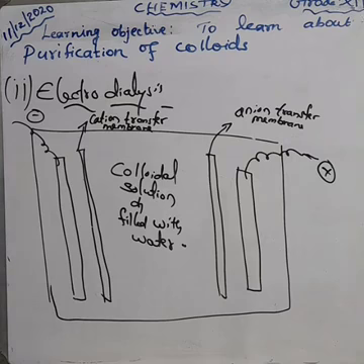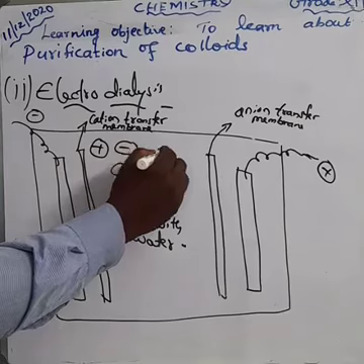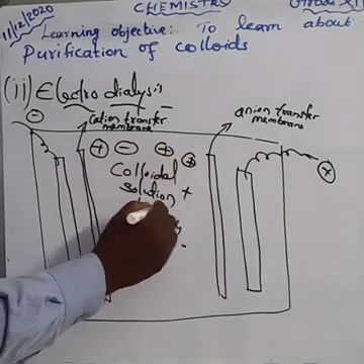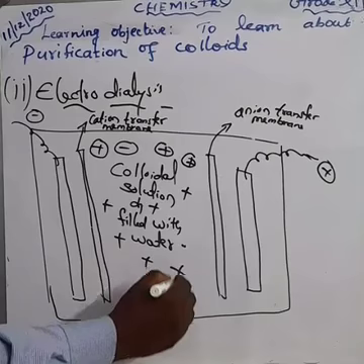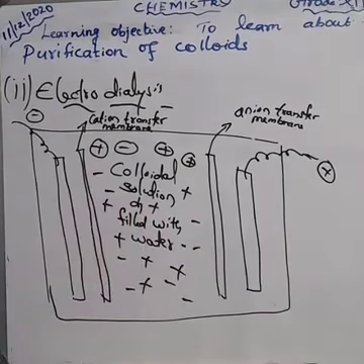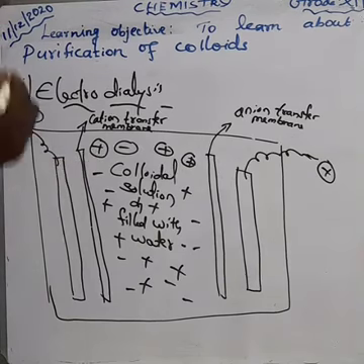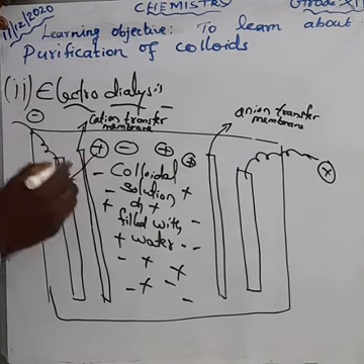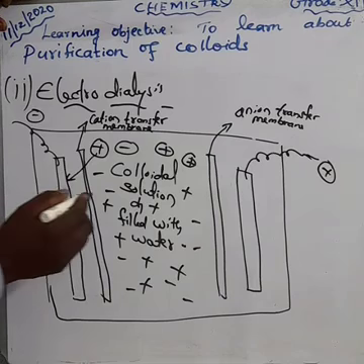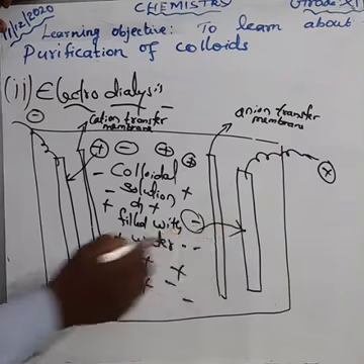Once again, the colloidal solution has a number of electrolytes, positive and negative ions. The positive electrolyte is attracted by the cathode, which has a negative charge, and the negative electrolyte is attracted by the anode.